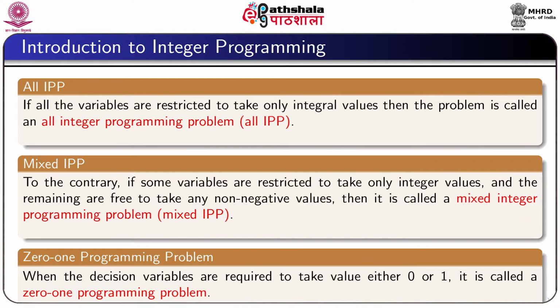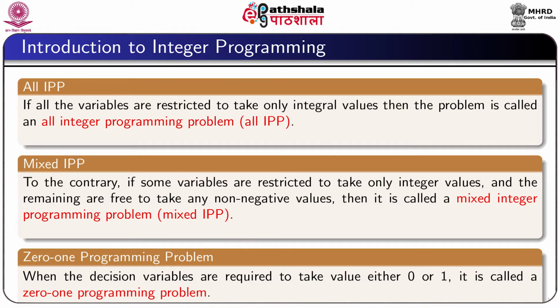Now, if p equal to n, that is if all the variables are restricted to take only integral values, then the problem is called all integer programming problem or all IPP.